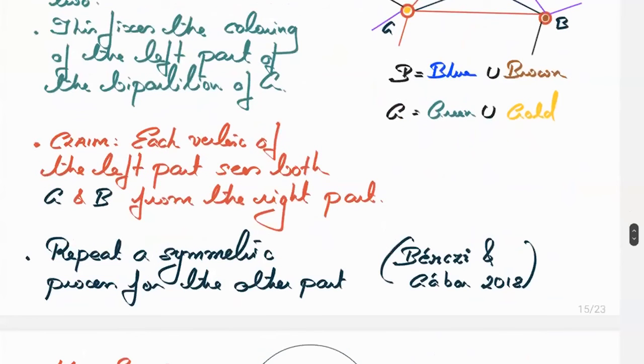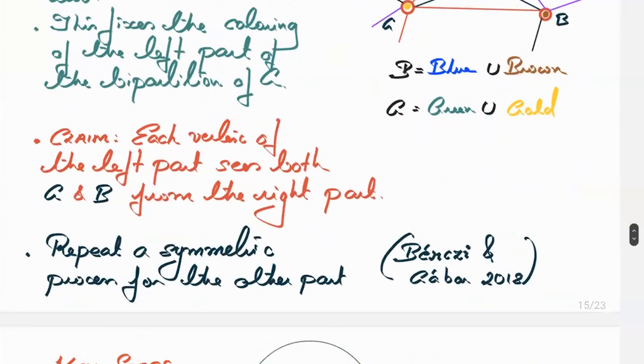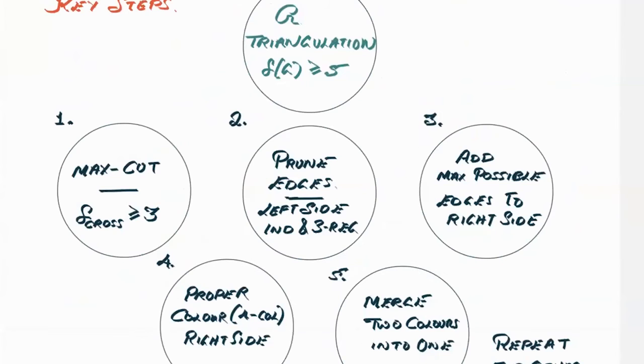So quick recap, what are the main steps in the proof? We start with a triangulation G, which has a minimum degree at least 5. Our step 1 is to find a max cut in this graph. Max cut ensures that every vertex has at least 3 edges crossing the cut.